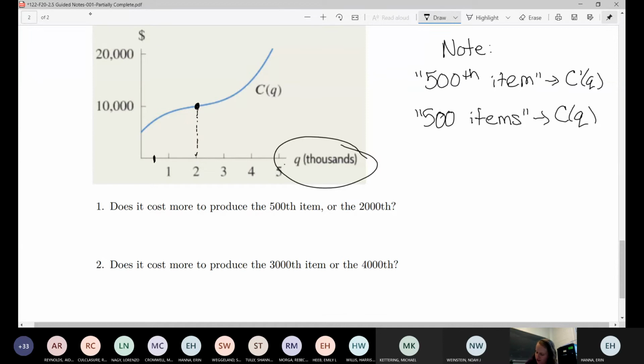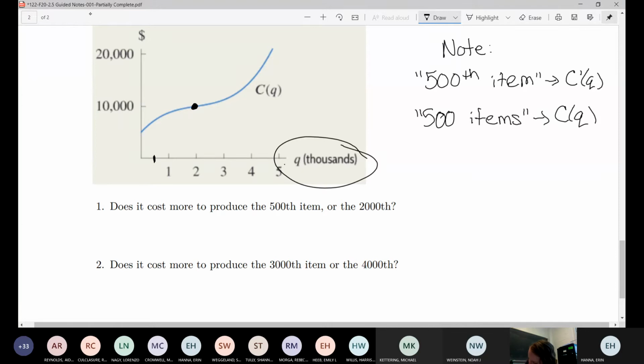So we'd essentially want to look at the slope just directly behind this. It's almost like you're exactly at 2, but obnoxiously close to 2, not quite there yet. And that's specifically because this Q-axis is in thousands. If this Q-axis was in just ones and we were looking at the second item, then we would jump back to Q equals 1.